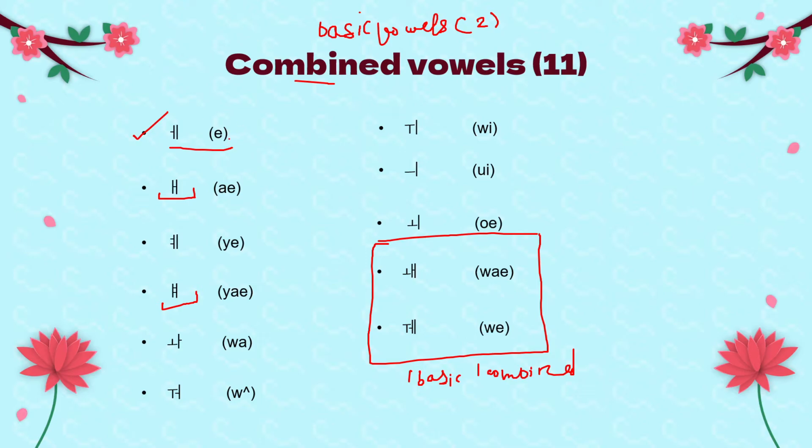So this character has the sound a. It is all written as a. Basically, these two have almost the same sound. This is also a, and this is also a. The native Koreans pronounce both of them a. But we are beginners and non-Koreans, so we will get confused.